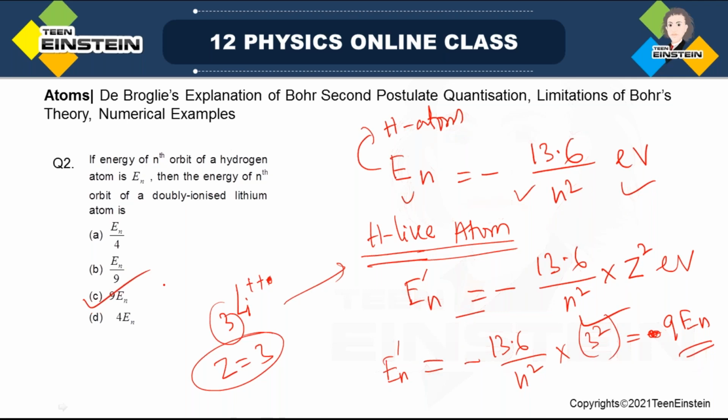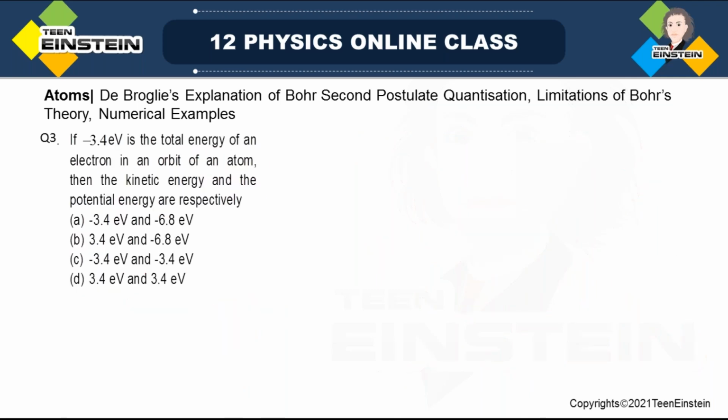Okay, now I'll go to the next question. Let me read the question. There is a question like minus 3.4 electron volt is the total energy of an electron in an orbit of an atom.